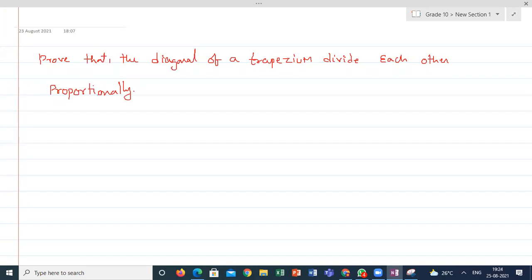The triangles formed by a diagonal of a trapezium are similar. That is the question indirectly. I think we already did this question. The question is like this.